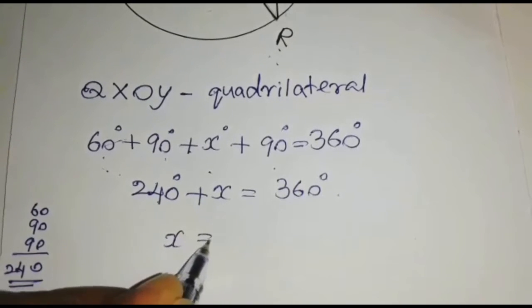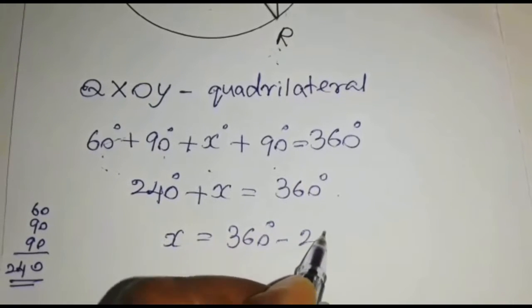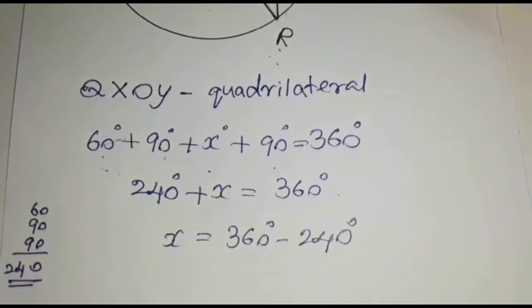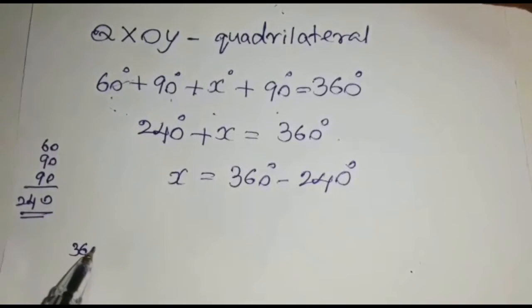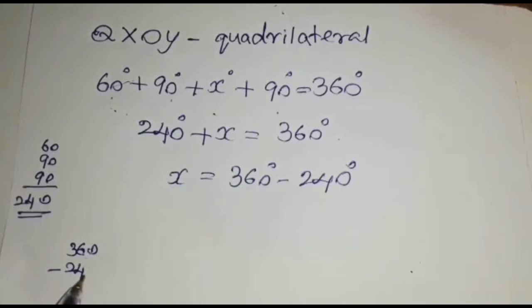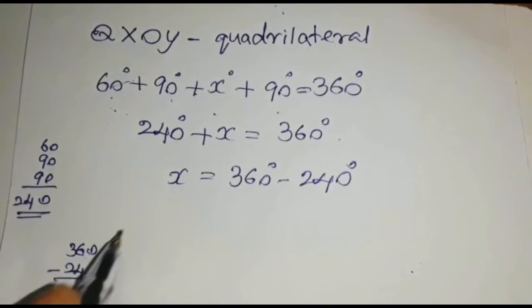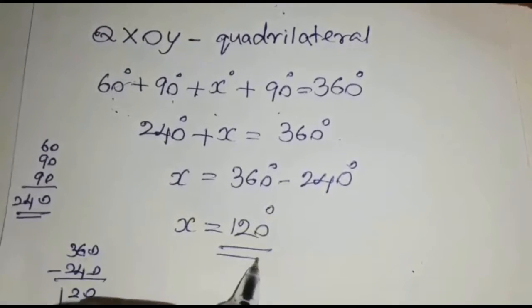x is 360 degrees subtract 240. 360 degrees subtract 240. x equals 120 degrees.